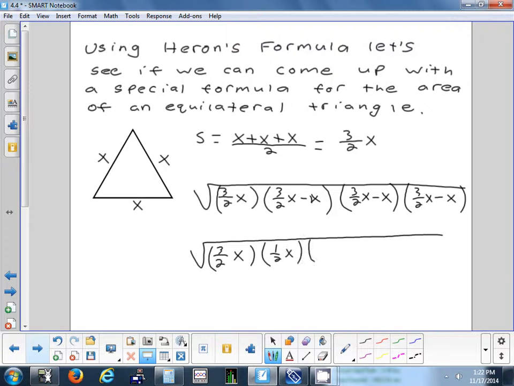How about in the second one? The third one, yeah, 1/2 x. And same thing again. What operation are we doing under that square root sign? It's all the same operation. It's all multiplication. It's 3/2 times x times a half times x times a half times x times a half times x. Why is it 1/2? Because 3/2 is 1.5, take away 1 is 0.5.